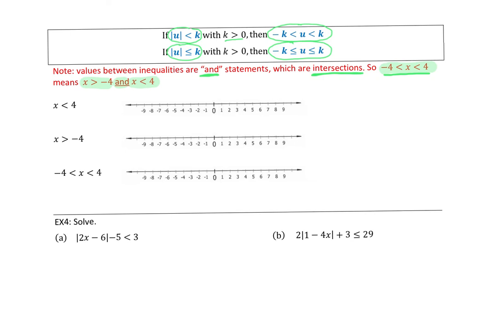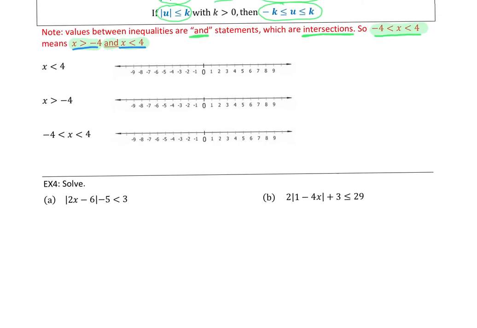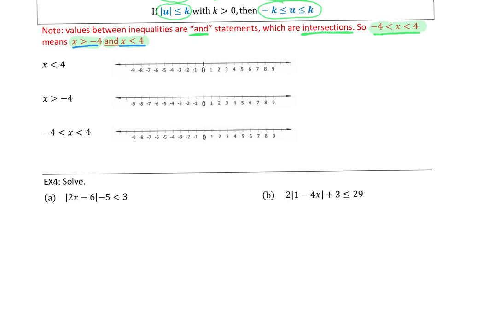So let's go ahead and graph x greater than -4 and x less than 4 separately so you can see what I mean. If I have x less than 4, that would not include 4, but it would be everything to the left. So this would be a parenthesis, and our interval would be -∞ to 4.